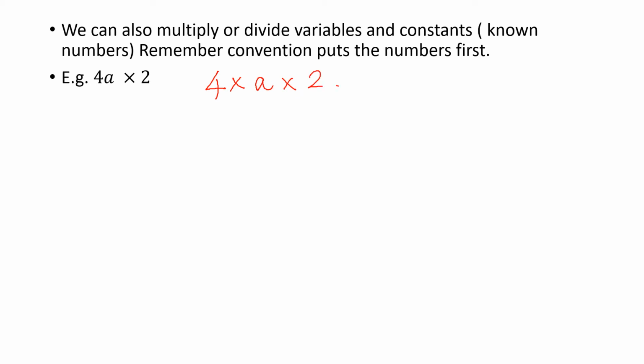We can multiply in any order and still get the same result. So we're going to multiply our known constants, which are 4 and 2 together, which gives us 4 times 2 is 8, times a. Touching means timesing, so we say 8a.